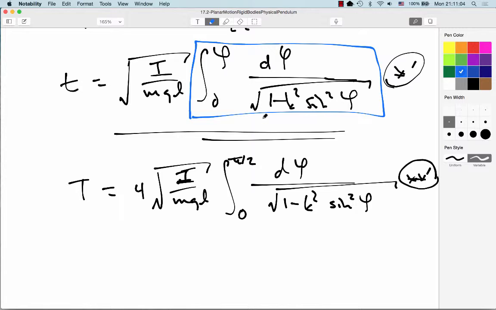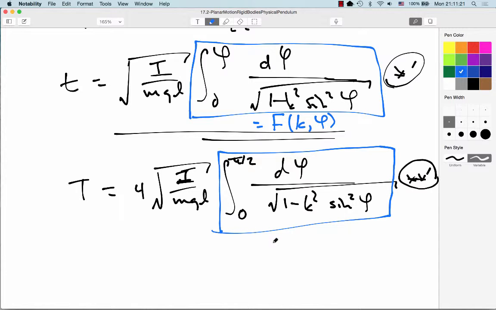We won't see the second kind, but we will see the complete in just a moment. Anyway, this incomplete elliptic integral of the first kind usually gets noted as F of k and phi. This integral here is the complete elliptic integral of the first kind, and you either write it as F of k and pi over 2, or it also gets written as K of k.